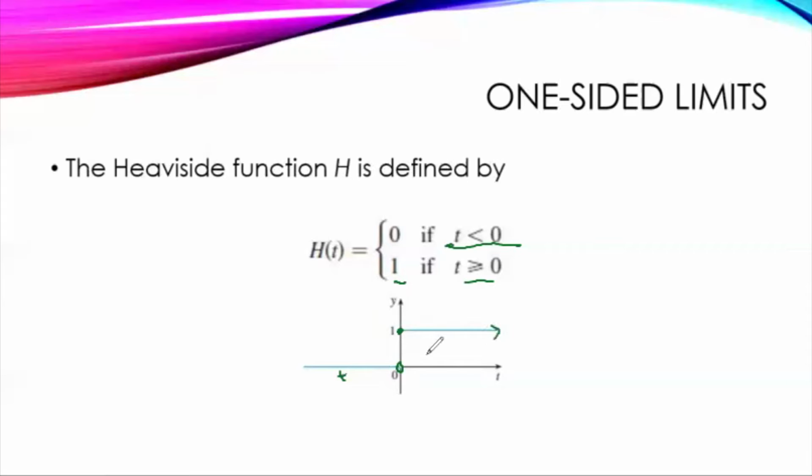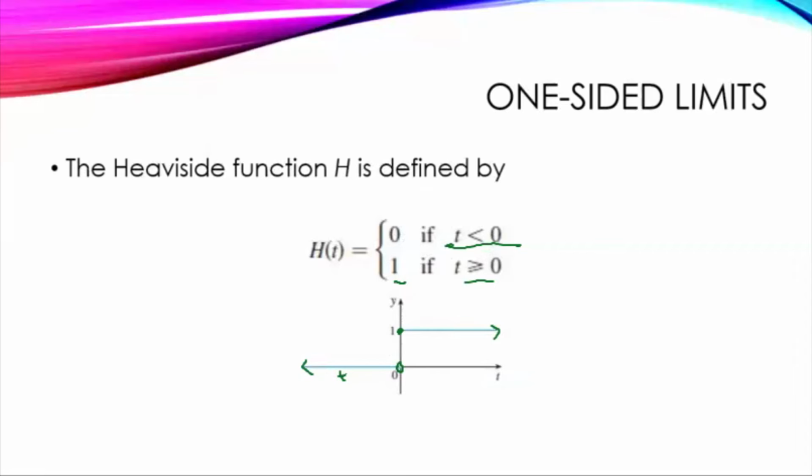So this is the graph. Notice that this is a constant function, right? 0 if t is less than 0, 1 if t is greater than or equal to 0, is constant, and recall the constant function forms a horizontal line.